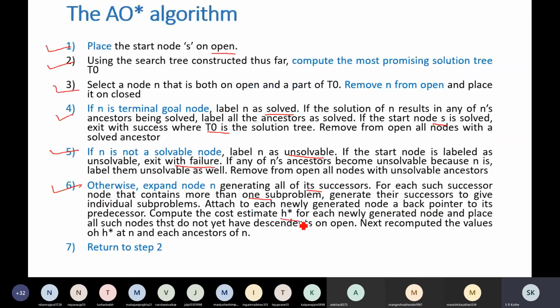Compute the cost estimate H star for each newly generated node. H star, we are saying always star indicates estimate. What is this H? Cost to reach the goal, right? Place all such nodes that do not yet have descendants on open.